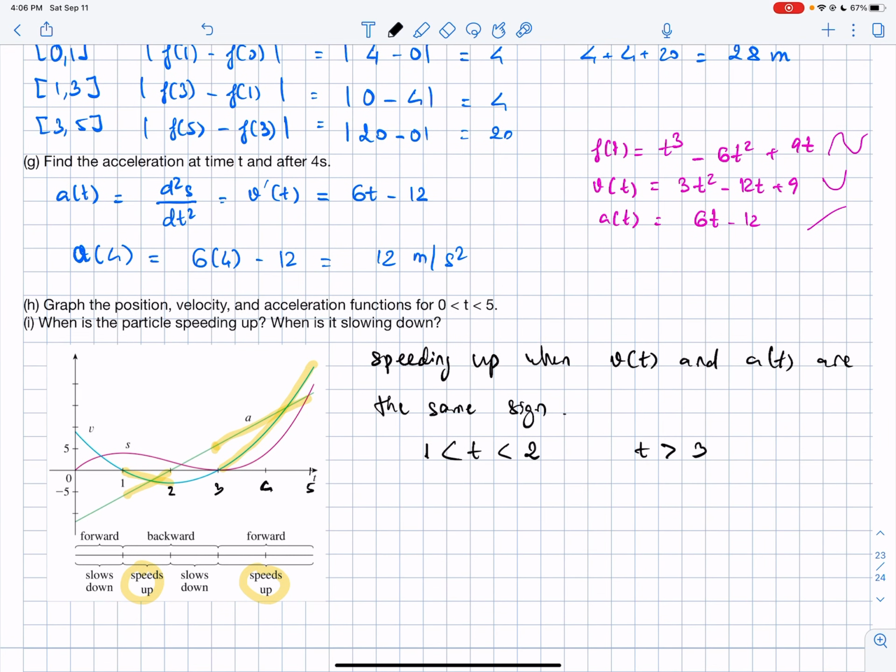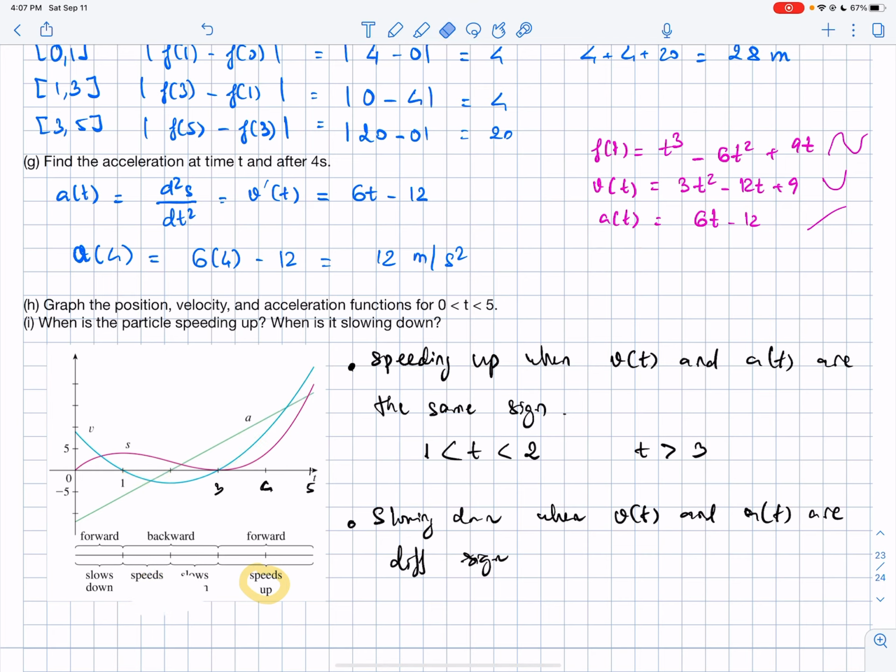And it's slowing down when v of t and a of t are on different sides. Okay, so we look at the graph and we can see that slowing down, from less than 1, you see that the a is negative but the v is positive.